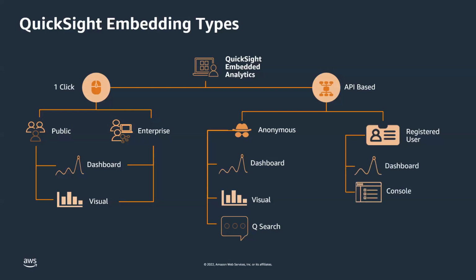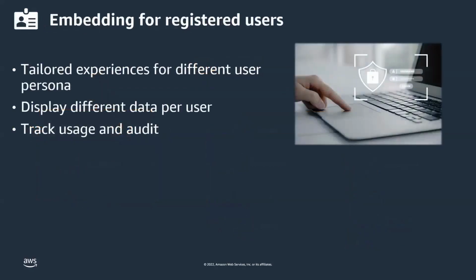You can embed that whole experience for your end user. You can embed the Q search bar and also the visual ID. So let's dive deeper into how this is all done, what the use case behind it is, and what the key requirements are for this to be done.